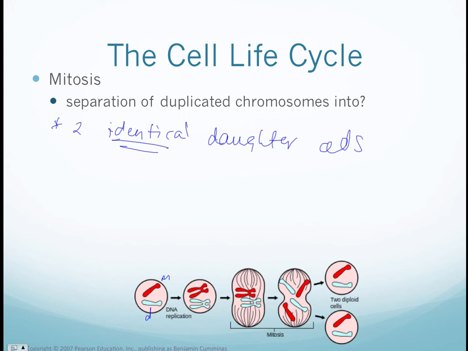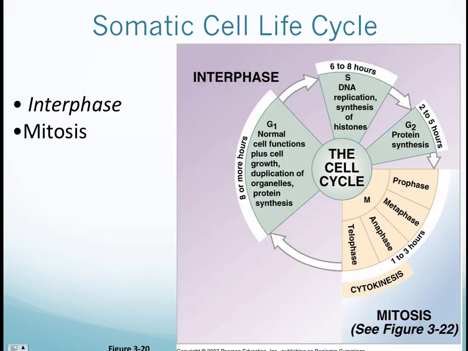It's going to duplicate, so here's one, here's a copied area. And then here, mitosis, what we have to do is separate this duplicated material into two daughter cells. And so here, exact copies going to one side, exact copies going to the other side. Now we have two identical daughter cells with the exact same genetic information.